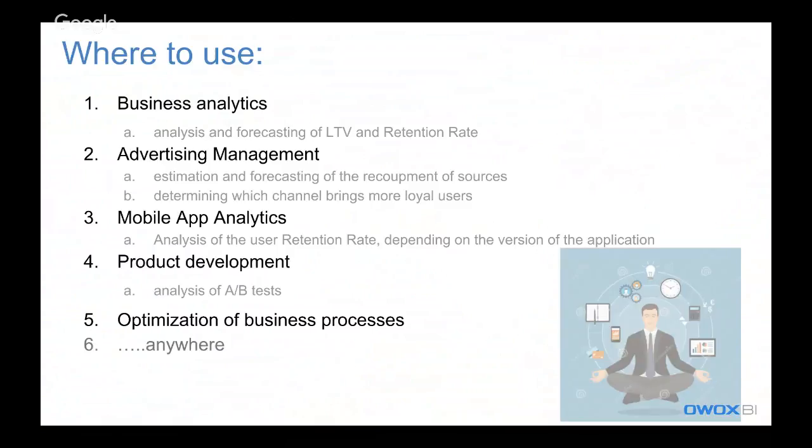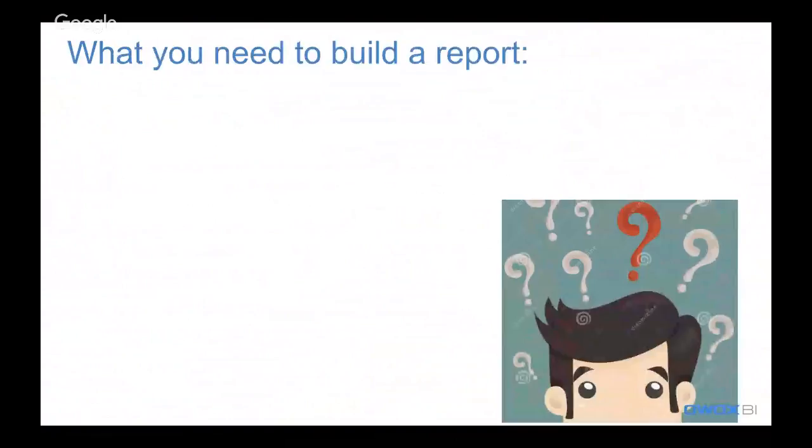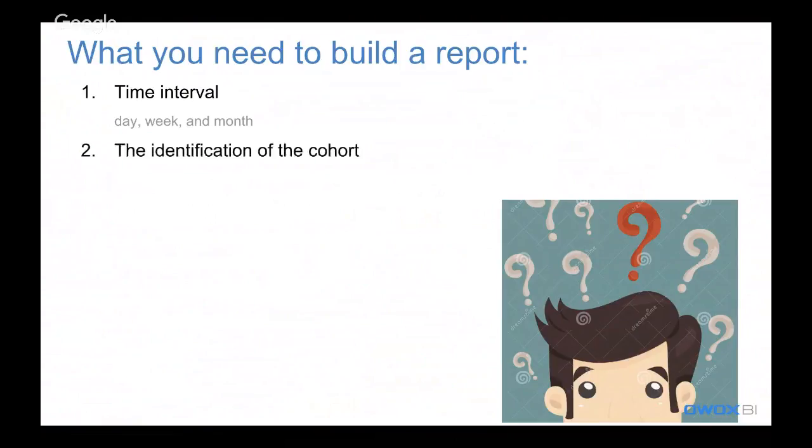For cohort analysis, it is important to choose correctly the time interval over which a cohort will be built: day, month, week. The main action by which the cohort will be collected, first visit, registration, first purchase, etc., must be chosen based on what goals you set and what indicators you want to analyze.